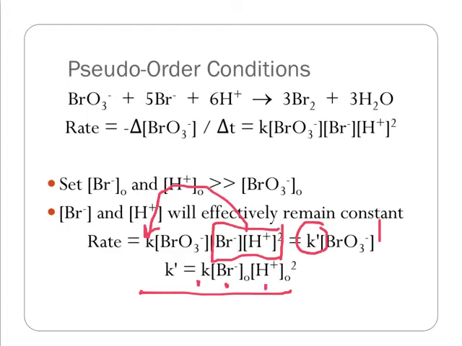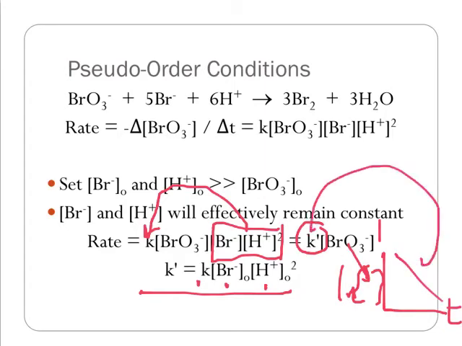So if I were to graph the natural log of the bromate concentration versus time, I'm going to get a straight line, the slope of which would give me K prime. And then I could determine that slope. I know my initial concentrations of bromide and H plus, so I could actually work backwards and find out the true value of the true rate constant, K.